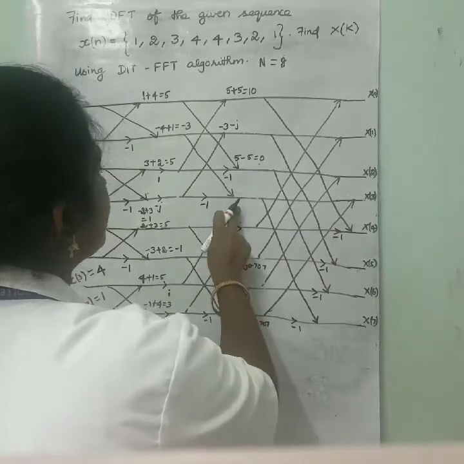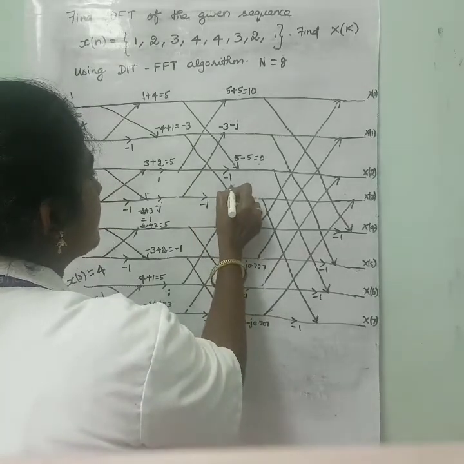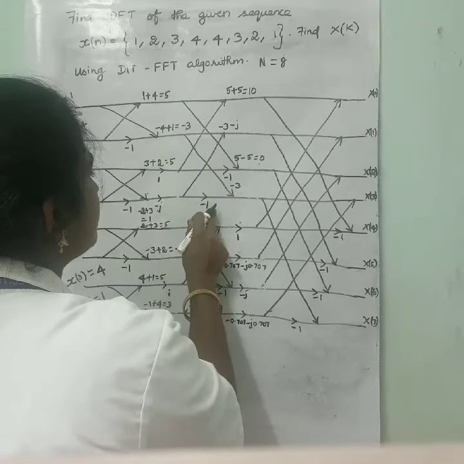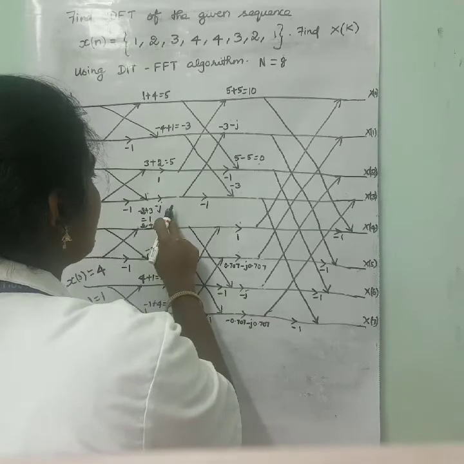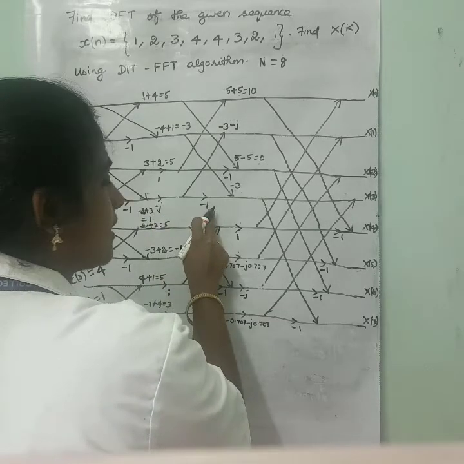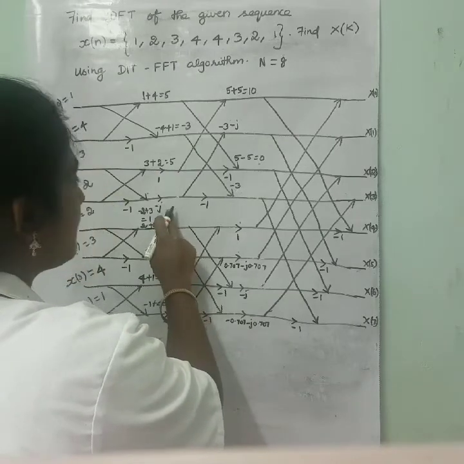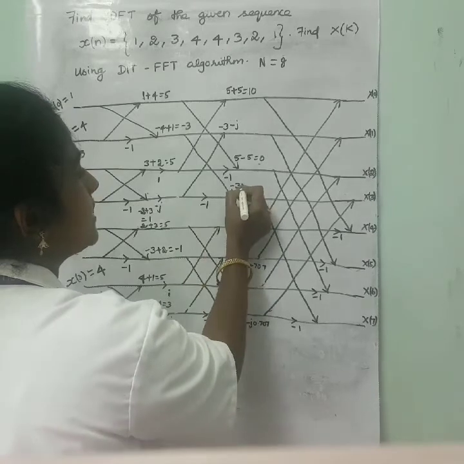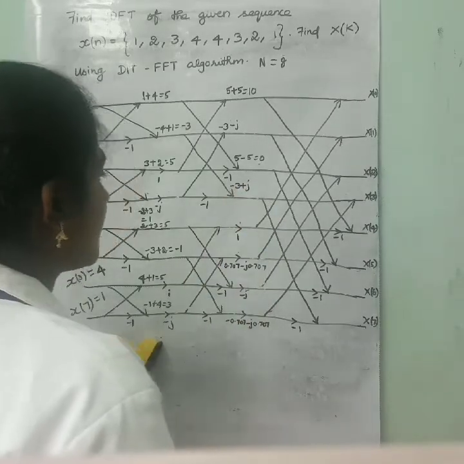Similarly next line, this arrow comes from the second line, that is minus 3, and here also you have values: 1 into the twiddle factor minus j, and this minus 1 also you have to multiply, that is 1 into minus j is minus j, into minus 1 is plus j. So you will get minus 3 plus j as the answer.